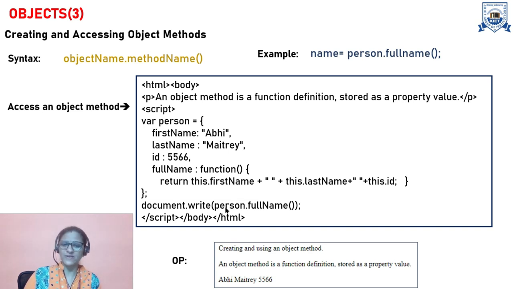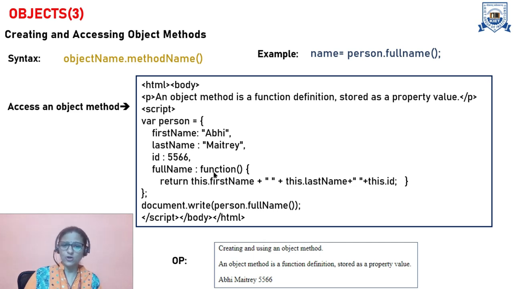So with the help of document.write and the name of the person, the name of the person means the name of the object, with the help of the object name we can call this associated method over here. So the output will be an object method. This is an object person and this is the method.